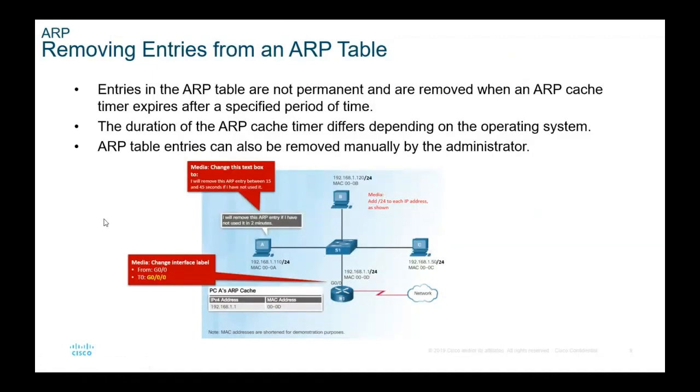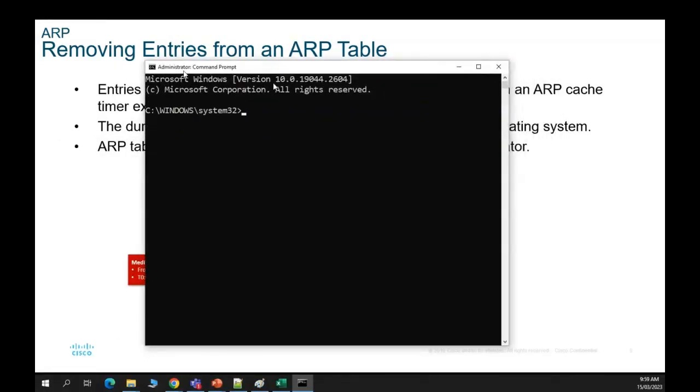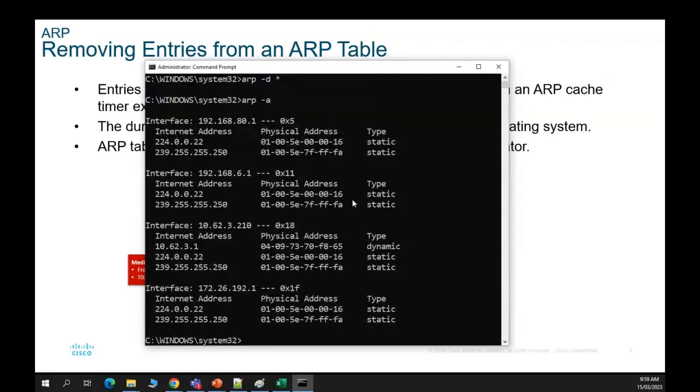This is where I right-click on the command prompt and select Run as Administrator. Then it'll prompt me for User Account Control again, and this time you'll notice that I am administrator. I've elevated my privileges. So arp -d star. Now no problems. I can enter that because I'm an administrator. Let's display our table again.